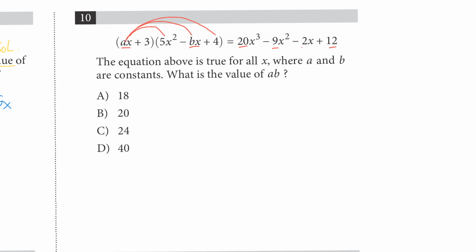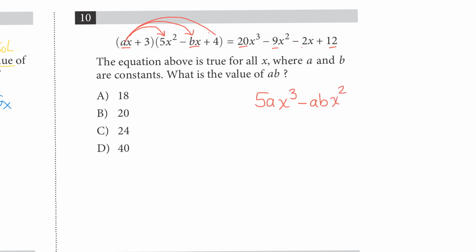5 times ax, we're going to have 5a, and then x times x squared would be x cubed. That's for the first one. That's for this part. And the second part, I'm going to take ax times minus bx is going to be minus ab, and then x times x would be x squared.